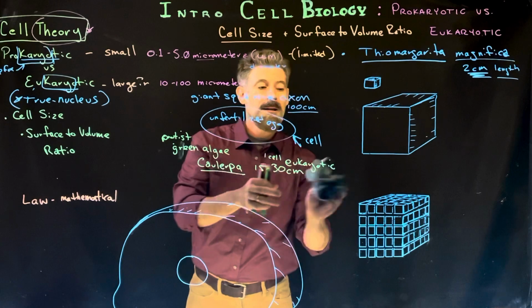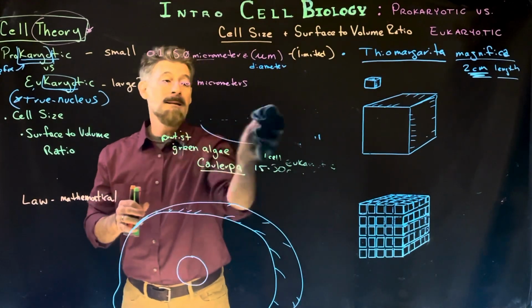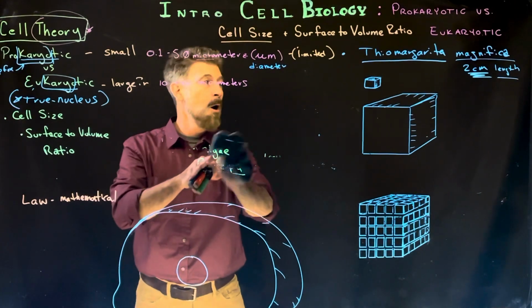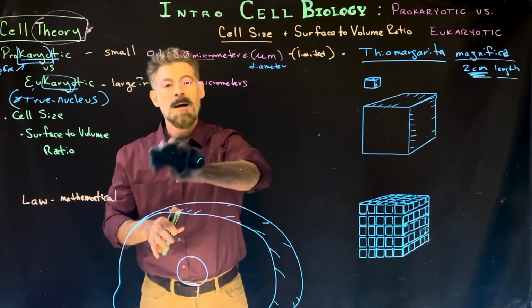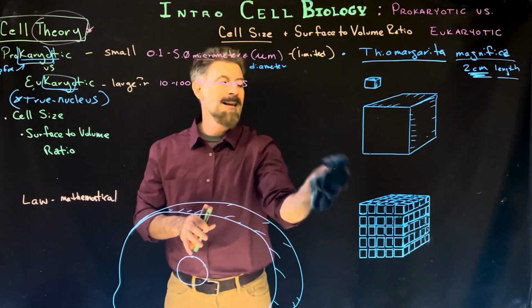The question is, why can the eukaryotic cells get to be so big? And what limits the prokaryotes? Why can't they get that large?